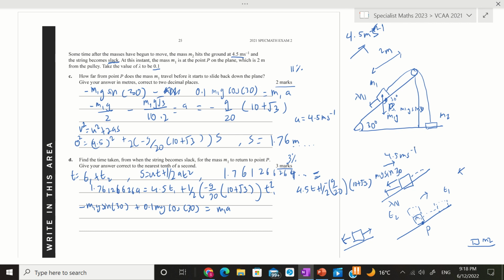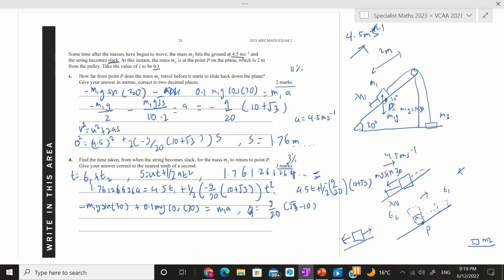Anyways, we will end up solving this, and this value for a will be a bit different. A will now be g on 20 times root 3 minus 10. So it's just a bit different this time, but that's our new acceleration value. Let's go ahead and solve for t2 now.